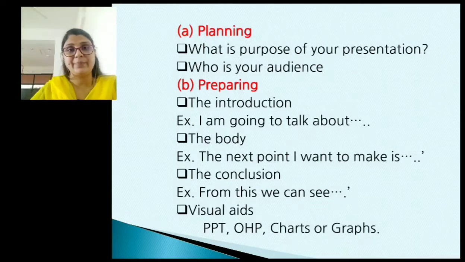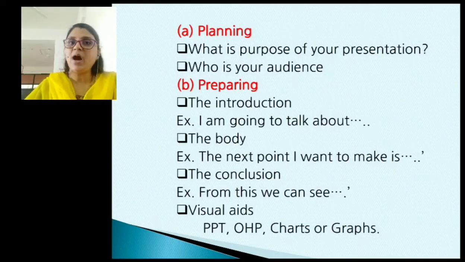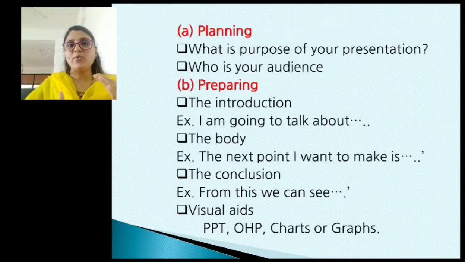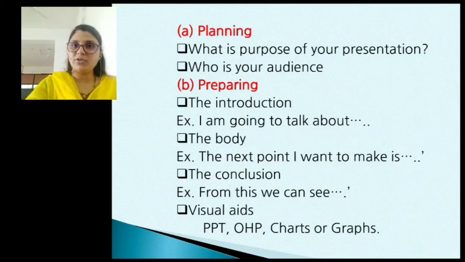Then preparing. After your planning, how do I want to give the presentation, in which format, from the introduction to the conclusion, okay. First of all, the introduction: how I am going to start my presentation, like I am going to talk about this, I am going to deliver a lecture on this topic.